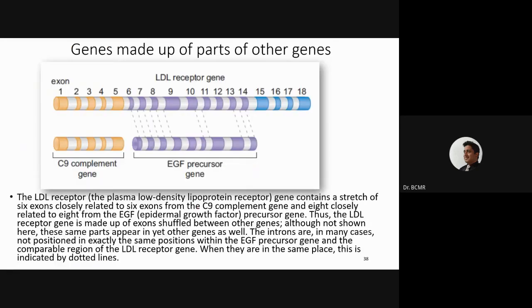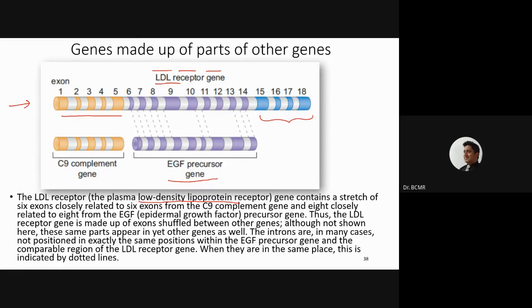Now if you think of it like that, you can take the gene of the LDL receptor. It is made up of different parts of other genes, like recombination has happened and now you have a combination of genes. If you see the LDL receptor, the low density lipoprotein receptor, it is made up of some part of the complement gene and some part of the epidermal growth factor receptor and some actual functions, right?